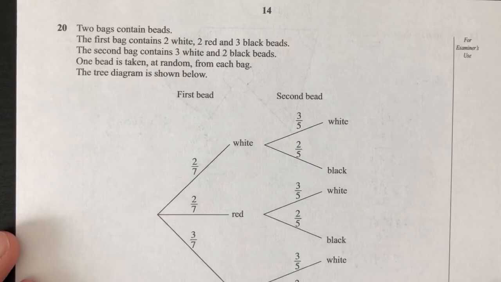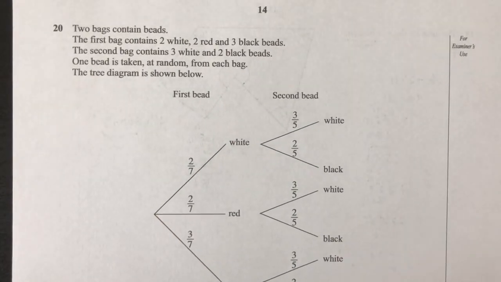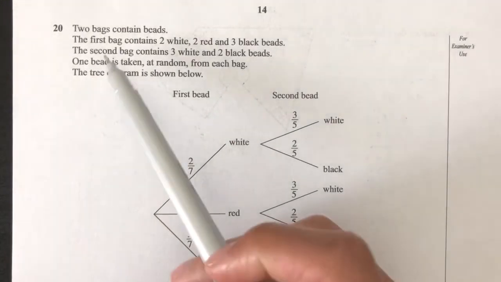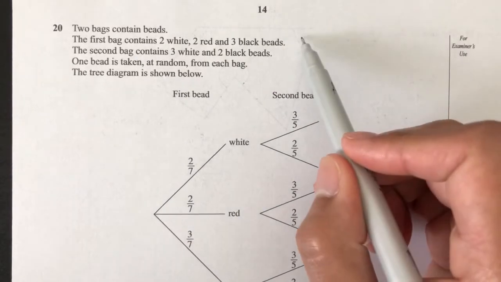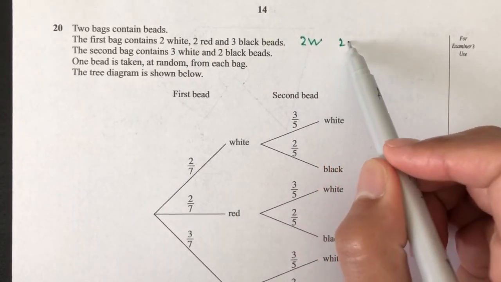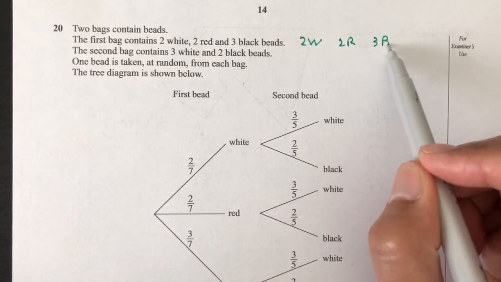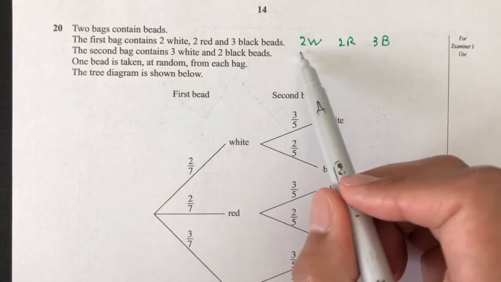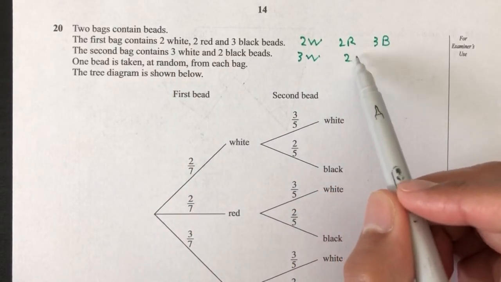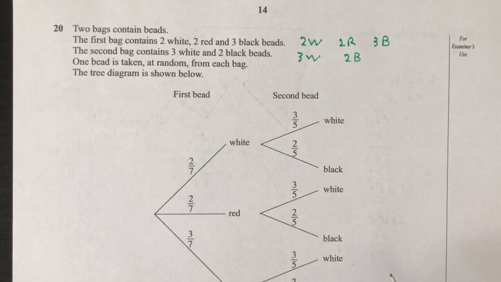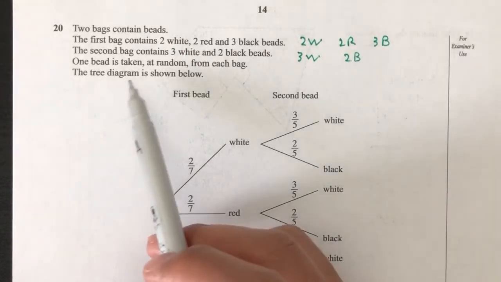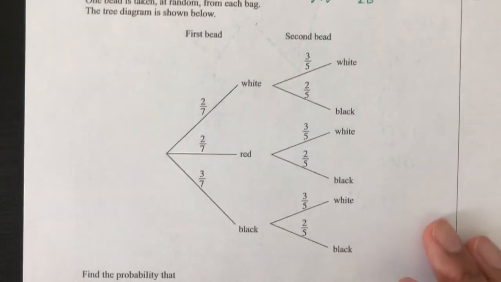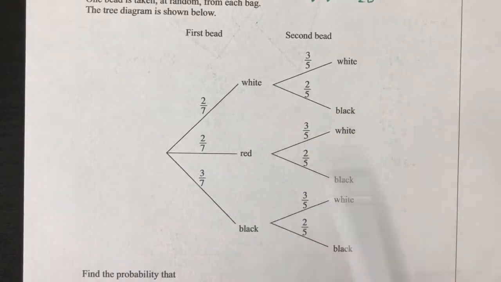Question number 20. Two bags contain beads. The first bag contains 2 white, 2 red, and 3 black. The second bag contains 3 white and 2 black. So now one bead is taken at random from each bag. As you can see, this is given to us.